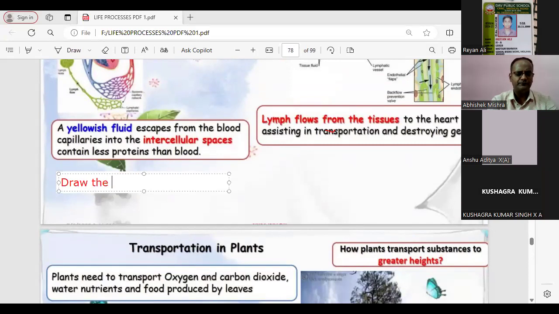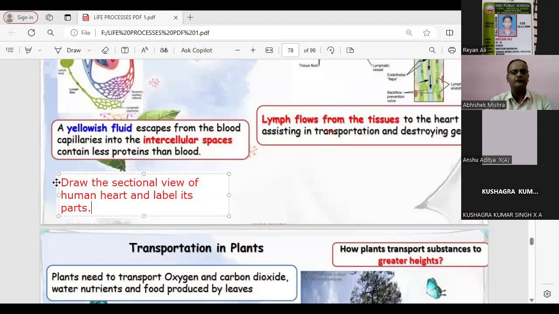Draw the sectional view of the human heart and label its parts.